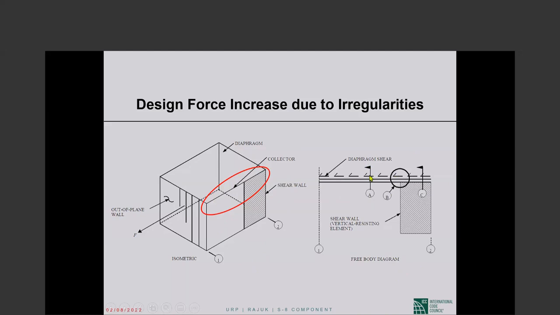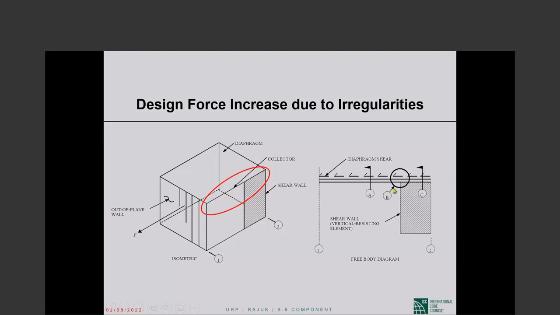So this is the diaphragm to collector connection, A. This is the collector to shear wall connection. I'm sorry. No, I'm sorry. This is diaphragm to collector connection. This is the collector to shear wall connection. And this is the diaphragm to shear wall connection.